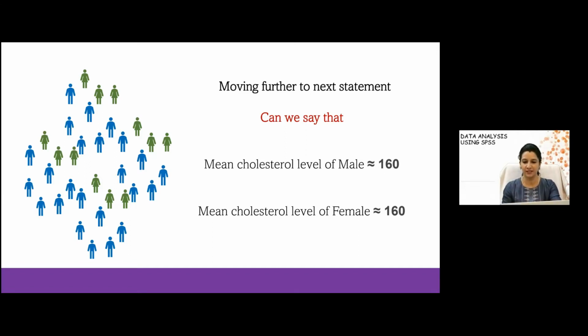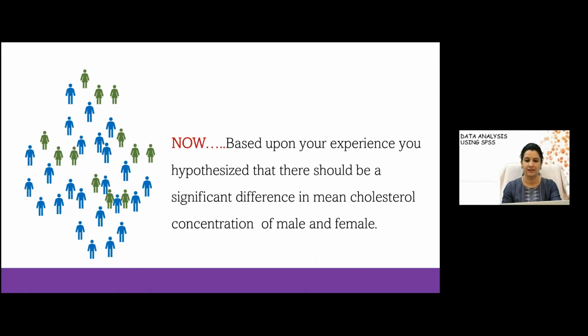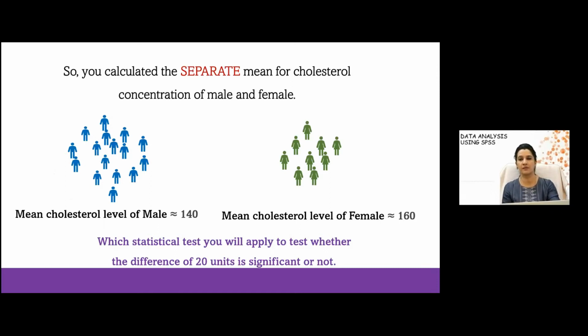So now coming to the third situation. So based on this experience, I can say that whether there is a difference in the blood pressure of the same set of individuals. For the paired t-test, the essential criteria is that it should have a paired value of the same individual.